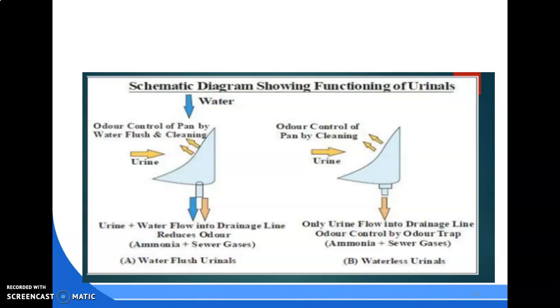The urinals are generally provided with automatic flushing cisterns which operate at intervals of 10 to 15 minutes. Also, an anti-siphonage pipe is provided for urinals located on different floors and connected to a common soil pipe.